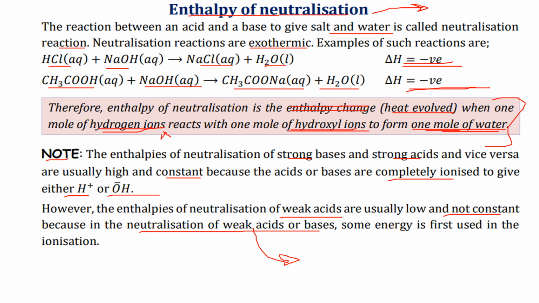Since some energy is used up, they are not fully ionized in solution. So we expect the enthalpies of neutralization of strong bases and strong acids to be far greater than those of weak acids and weak bases, because for weak acids and weak bases, energy is required for them to ionize, which is not the case with strong acids and strong bases.